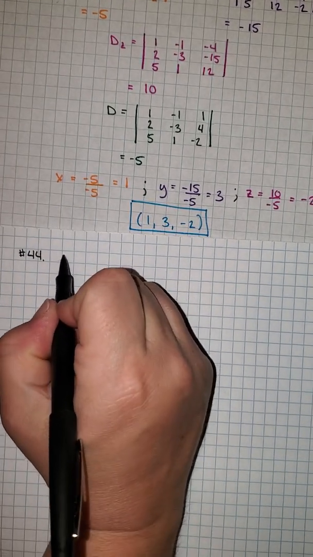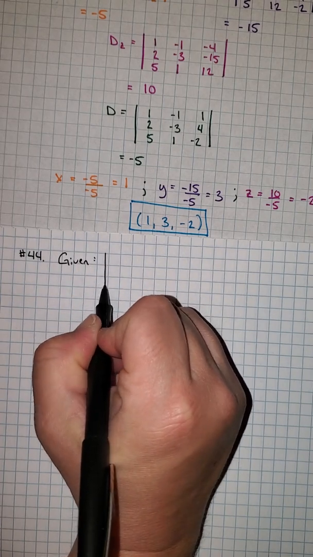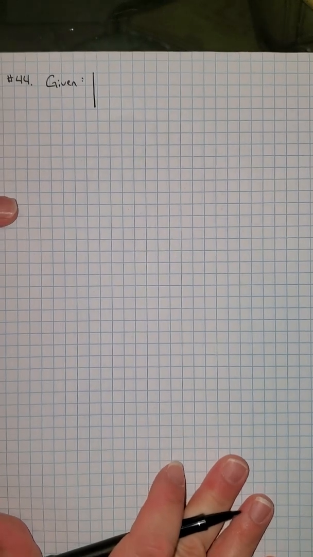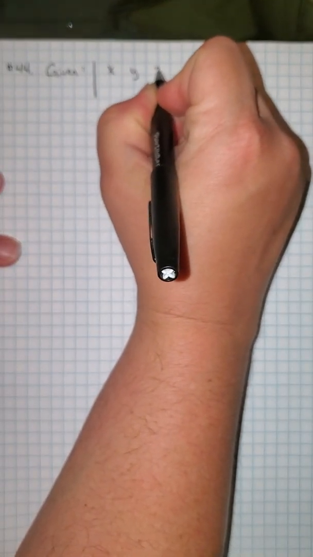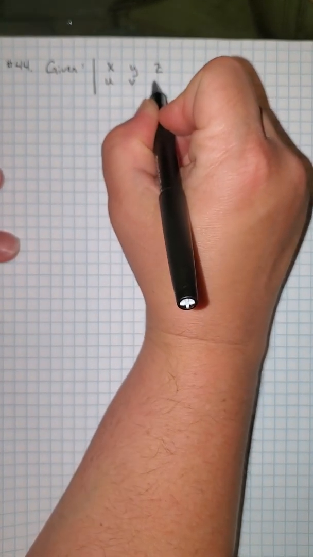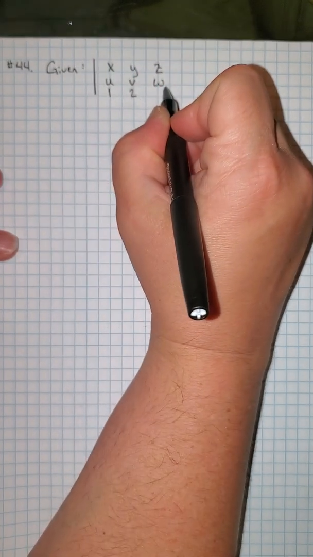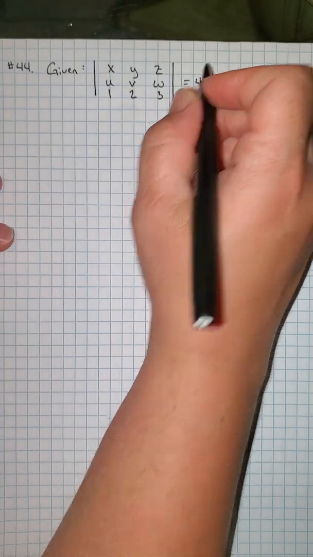All right, for number 44, you're given that the determinant with X, Y, and Z across the top, like the letters X, Y, and Z, and then U, V, and W in the next row, and 1, 2, and 3 in the next row equals 4.